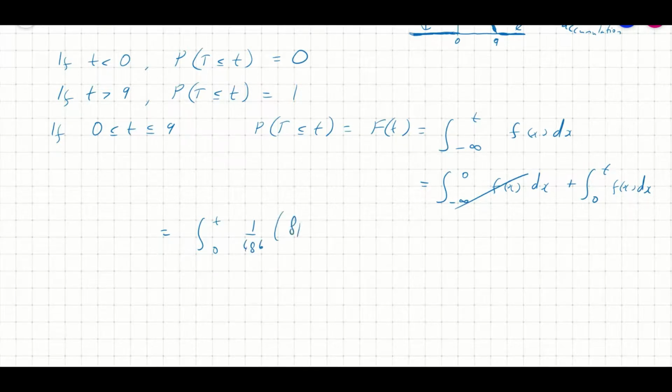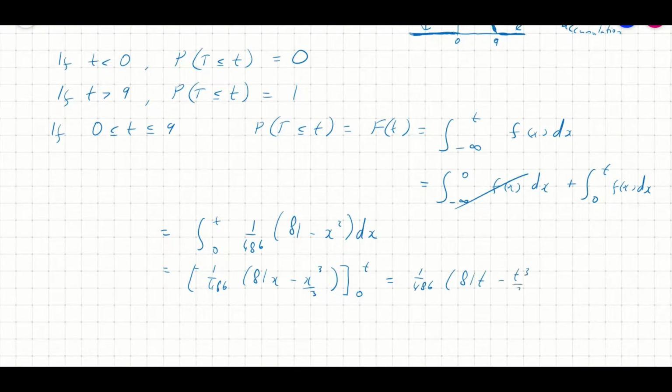And it was 81 minus, rather than t squared, we use x squared, because we're integrating with respect to x, which is just a dummy variable now. If we do this, we get 1 over 486, (81x minus x cubed over 3) between 0 and t. Now the 0 lower bound makes this whole thing 0, and the t upper bound means we replace the x with t's. We get 1 over 486, (81t minus t cubed over 3).